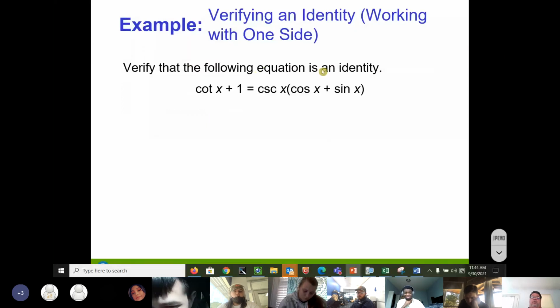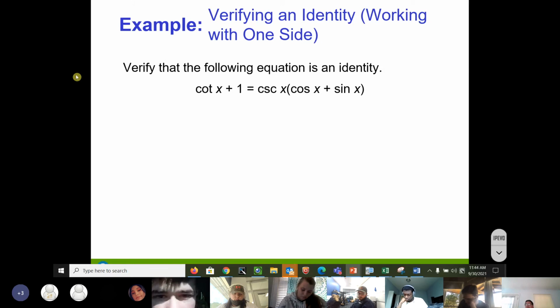Verify that the following equation is an identity. Cotangent x plus 1 equals cosecant x times cosine x plus sine x.